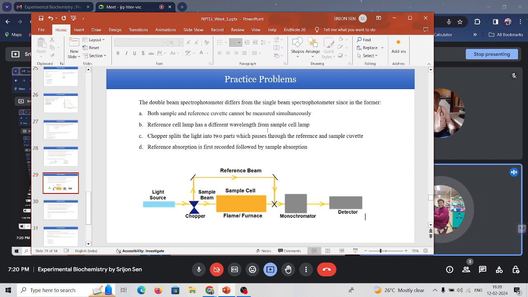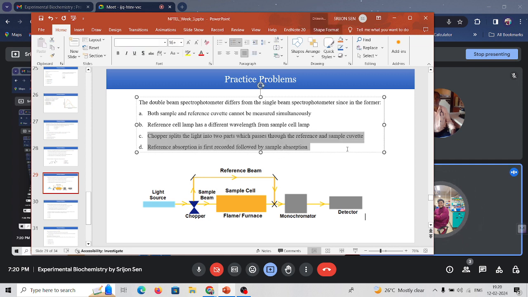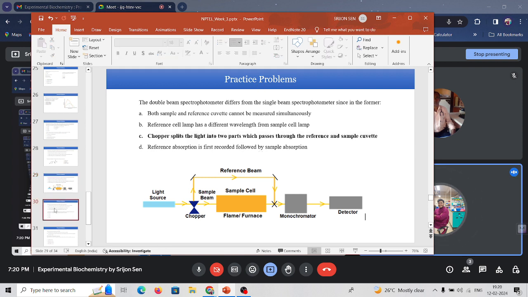The second is also incorrect. What is correct is that the chopper splits the light into two parts, the sample beam and the reference beam. So the double beam spectrometer differs from the single beam spectrometer in that we have a chopper that splits the light into two parts.